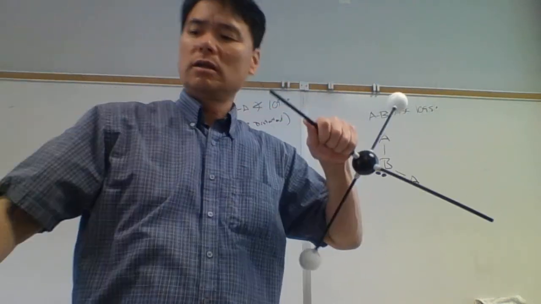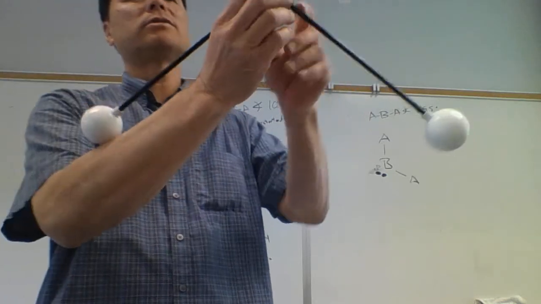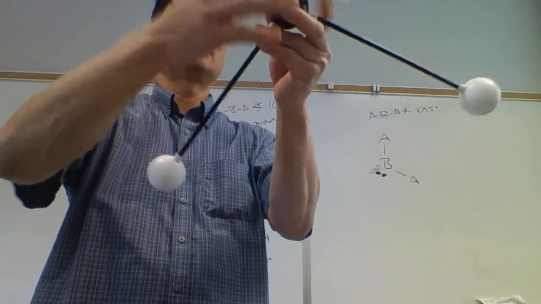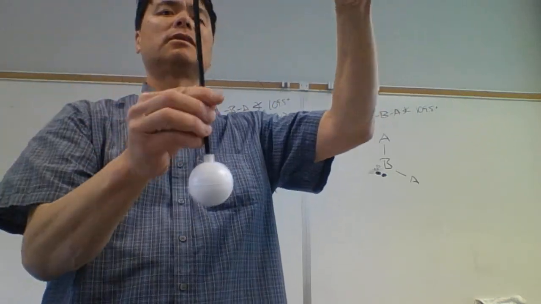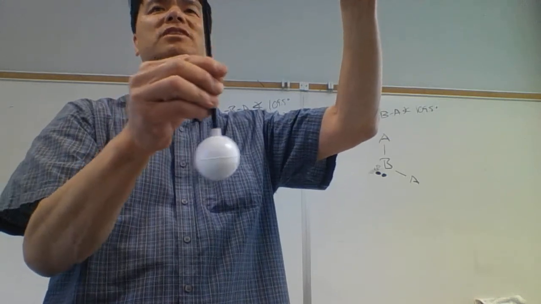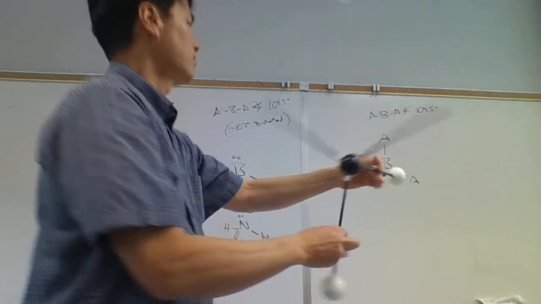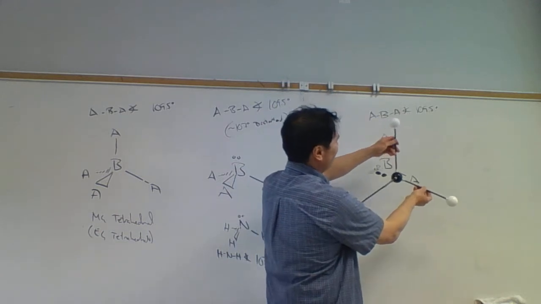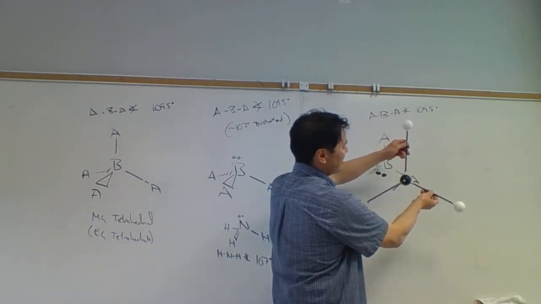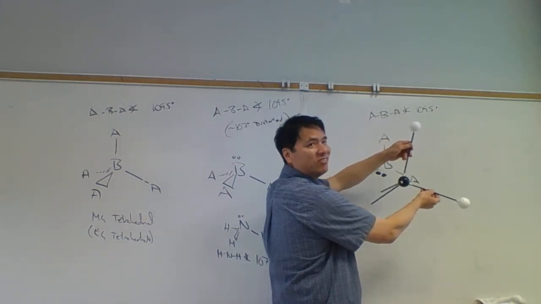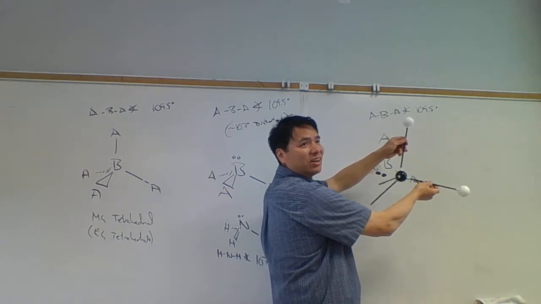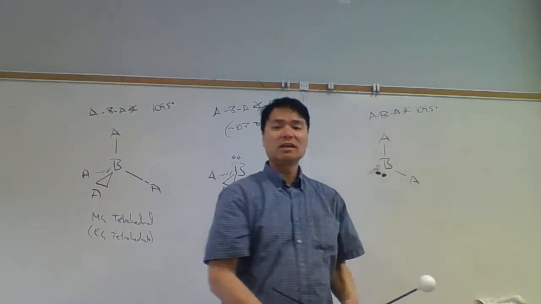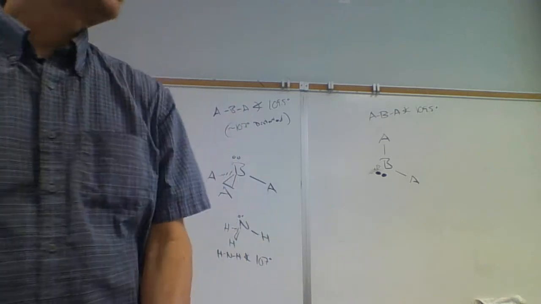Same thing here. Pop off this atom. Now we've got two lone pairs. These two lone pairs come in, put stress on these bonding pairs, and pinch it in. And so what we end up with is an angle that should be 109.5, but because of the two lone pairs, it's going to be compressed.